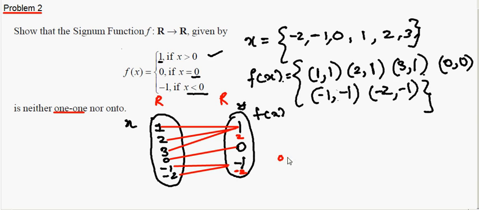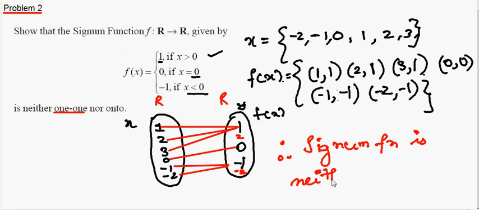Therefore I can say the signum function is neither 1 to 1 nor onto. I hope you have understood this problem.